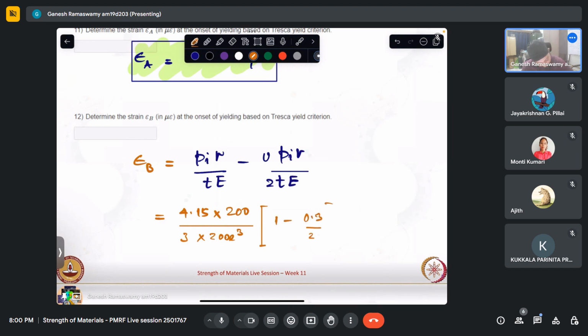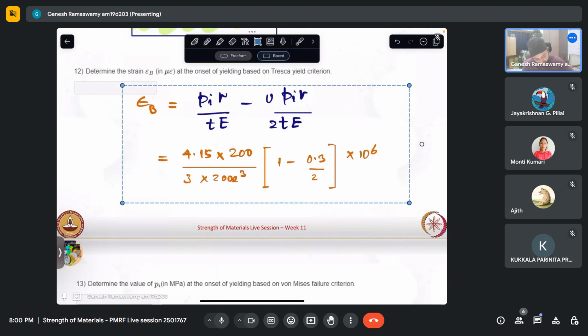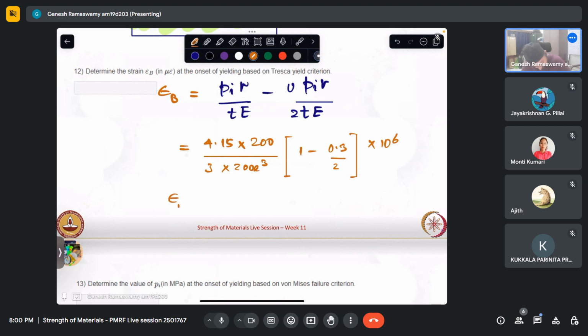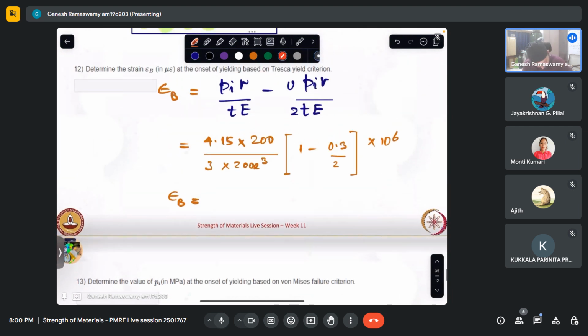So epsilon B will come out to be 3 into 200 E3 into 4.15 into 200 into 1 minus 0.3 by 2 into 10 power 6. So this will come out to be 1175. I encourage the viewers to check this on their own once. So this comes out to be 1175 microstrain. 1175. Very well. Thank you.